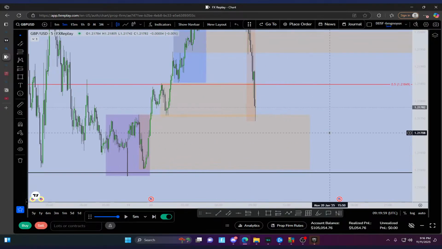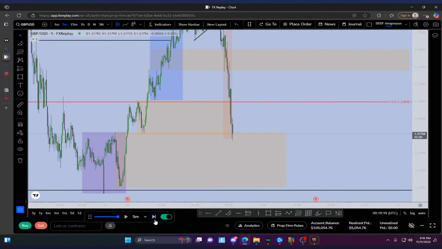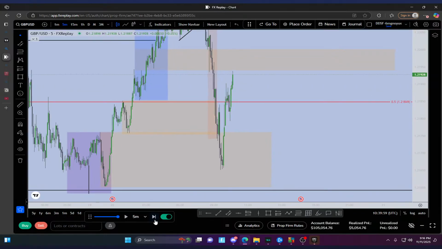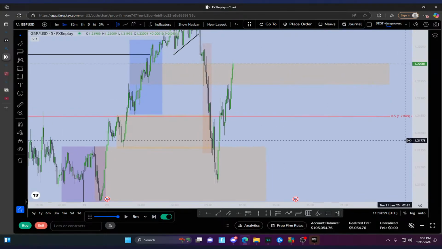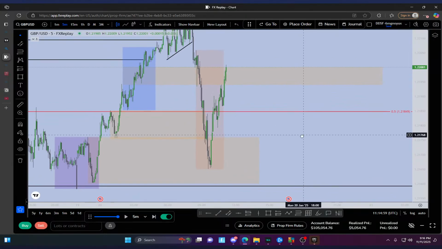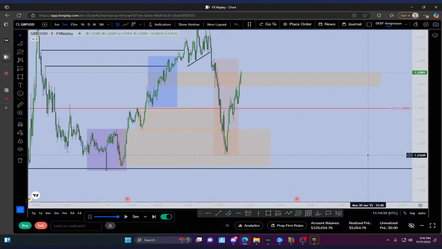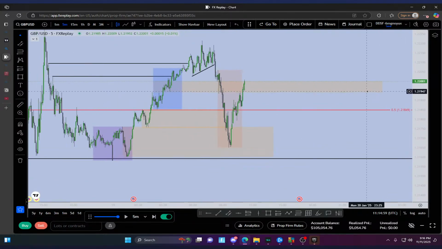Tap into this one, fill imbalance, get a reaction off of that. And then we start to shoot up from there.